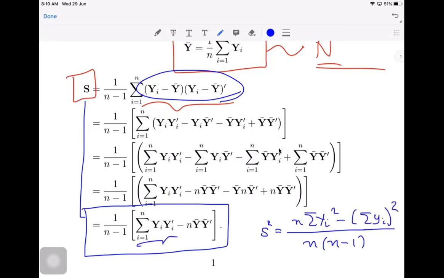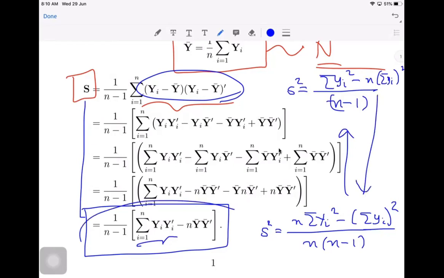Or if you did not simplify it in this manner, just n minus 1 there, this will be equal to the summation of yi squared minus n times y bar squared in the univariate case. So these two actually are equivalent, and this is the multivariate counterpart for this.